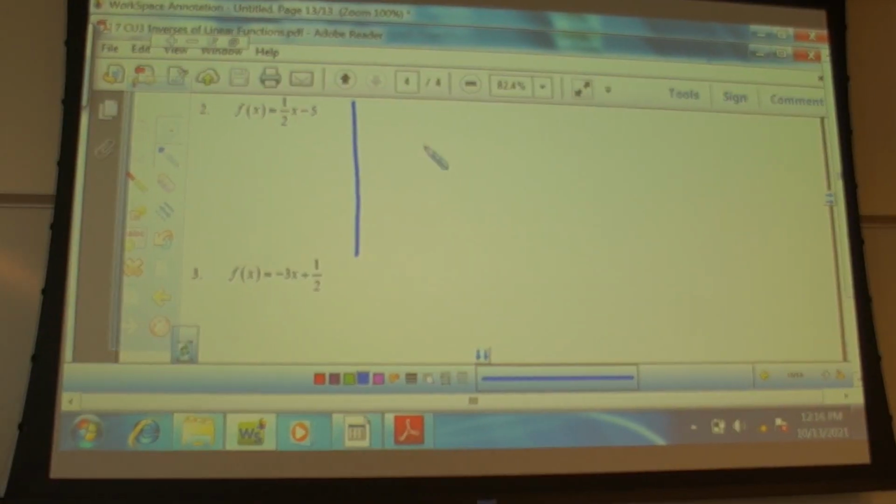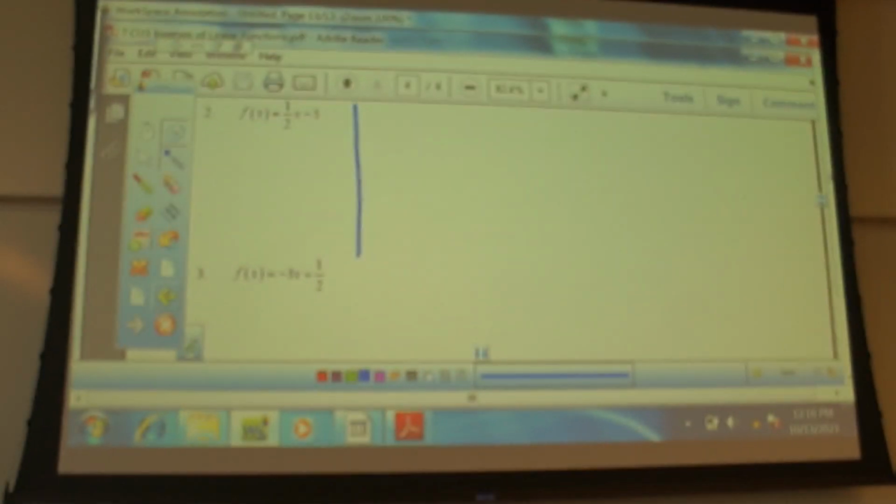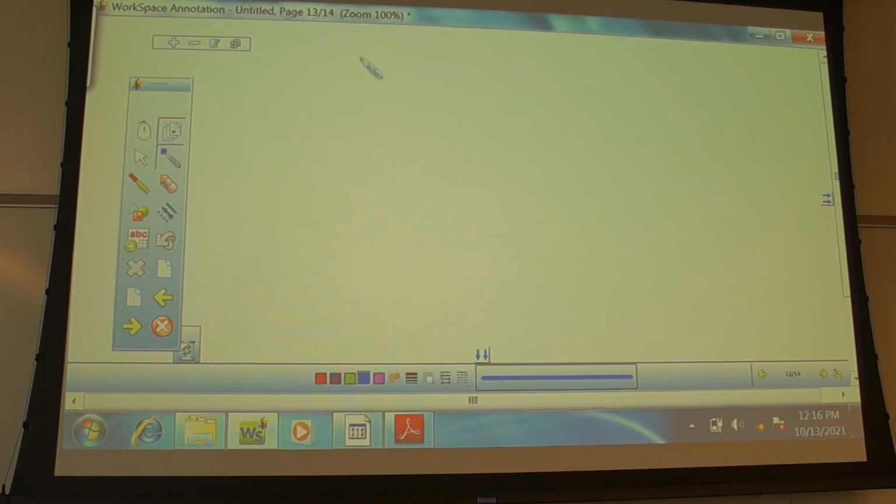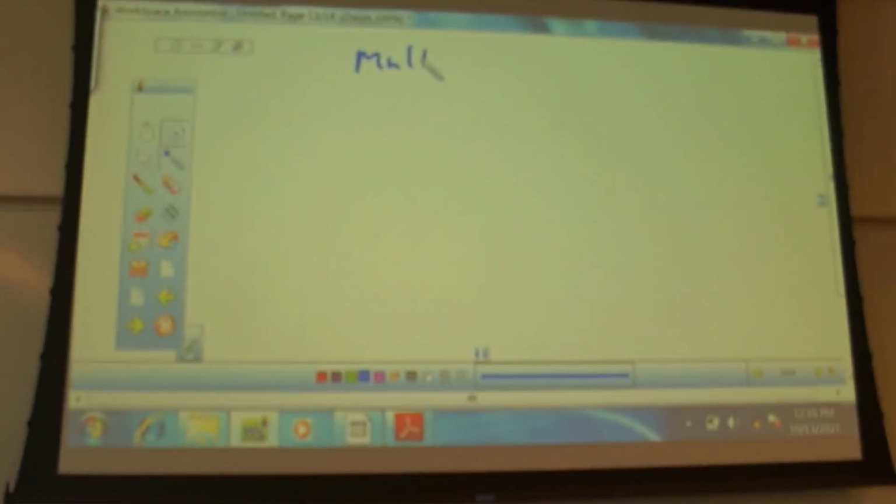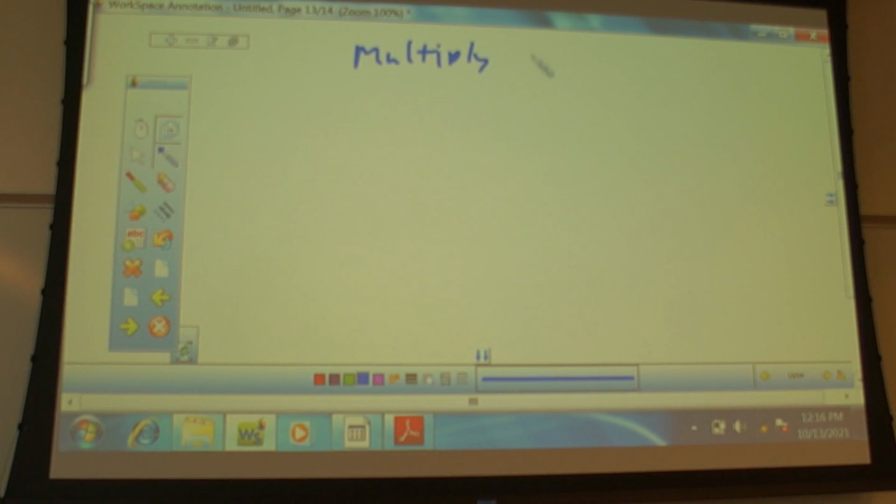So just let me give you guys a little side thing on multiplying fractions. So 2/3, oh, let's pick something you guys know. 4/7. Okay, so 1/2 of 4/7.